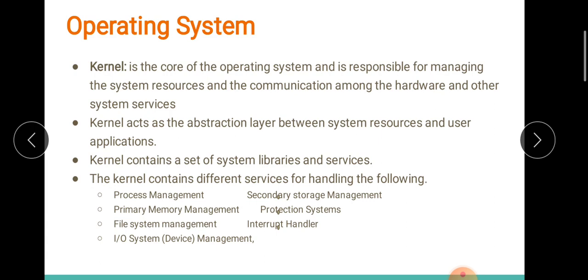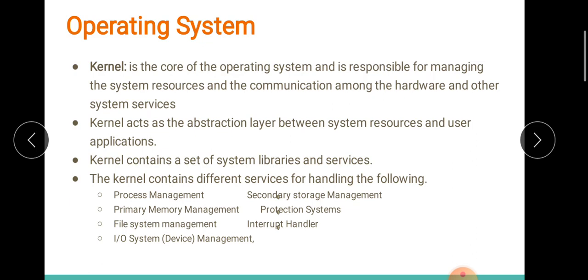Next thing that comes about is the primary memory management. When we say the term primary memory, what you can relate it to is RAM, the random access memory. It is here where we load our processes, the variables, shared data, everything in this RAM.